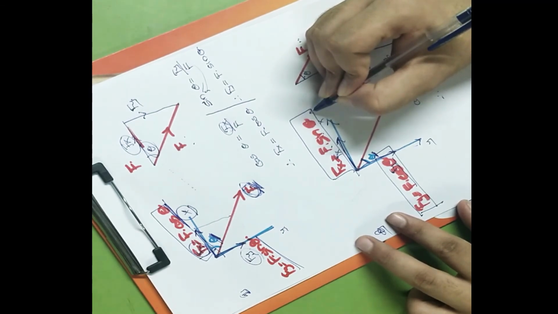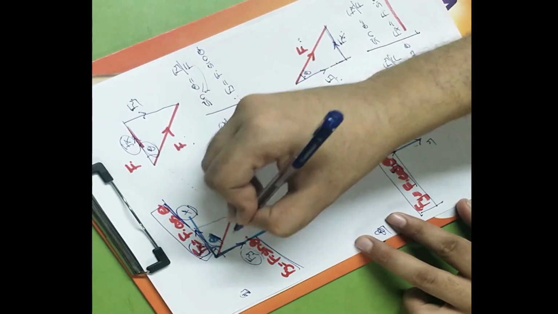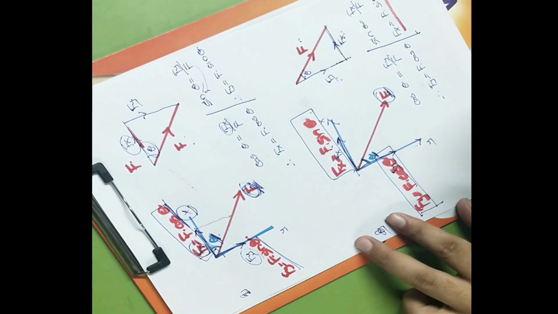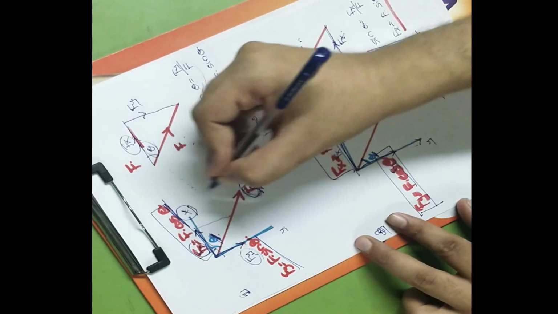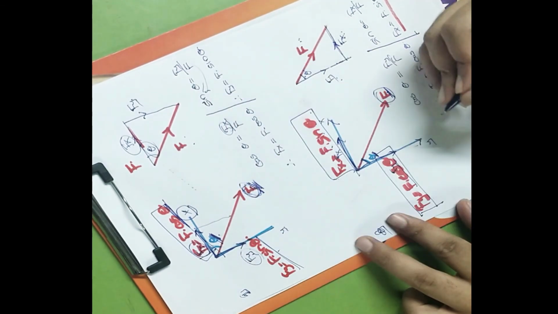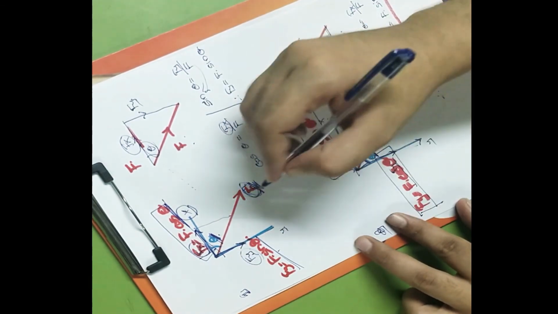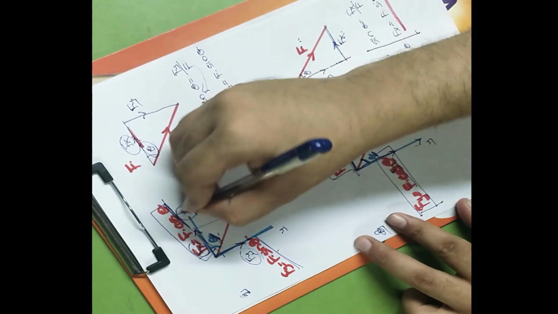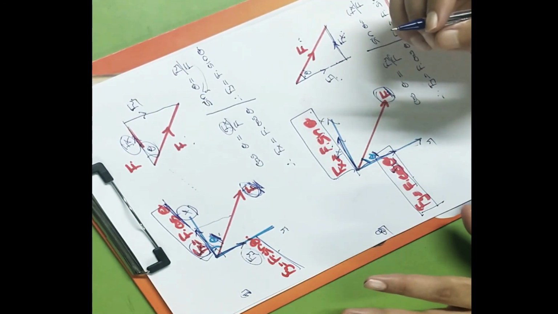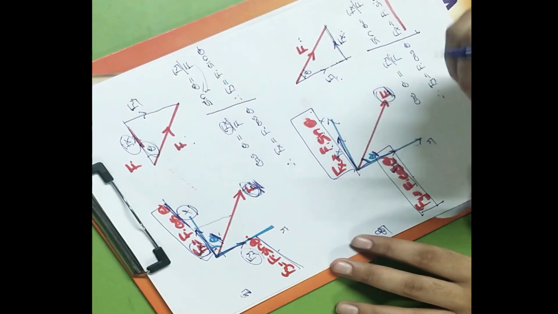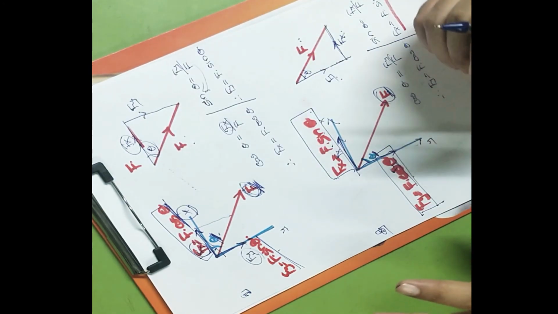So remember that whenever F is making angle theta with any of the axes, then the component along that axis will become the cos component and the other will become the sine component. This is how you have to remember, and this is the derivation for Fx and Fy.